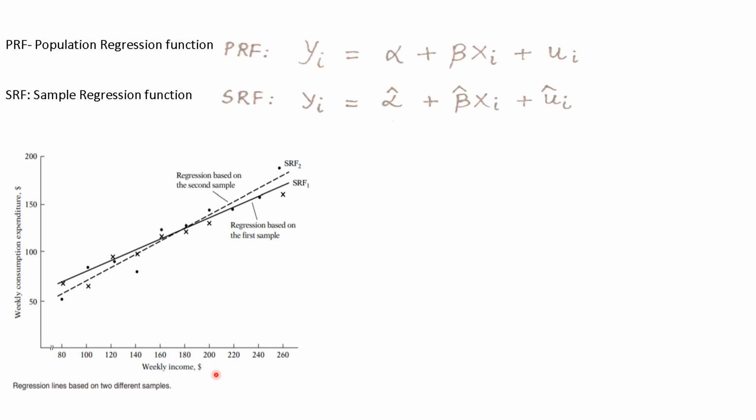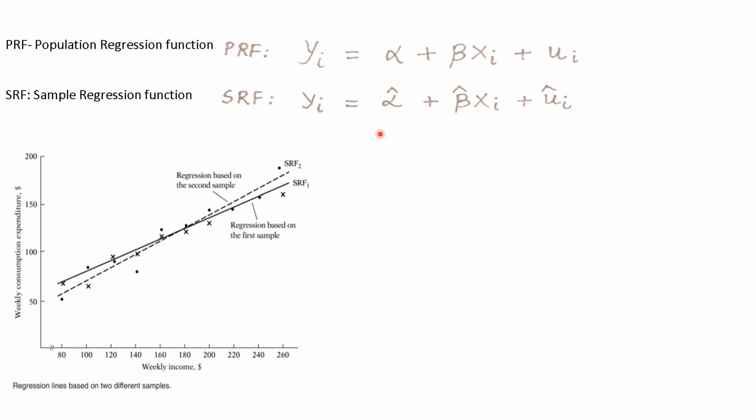Since we know that SRF is just an approximation of the PRF, we have a method that will make this approximation as close as possible. Or we can say that SRF should be constructed in such a manner that this alpha hat is as close as possible to the true alpha and this beta hat is as close as possible to the true beta.